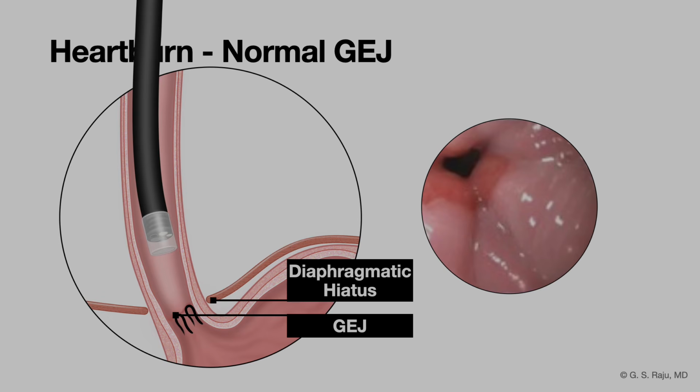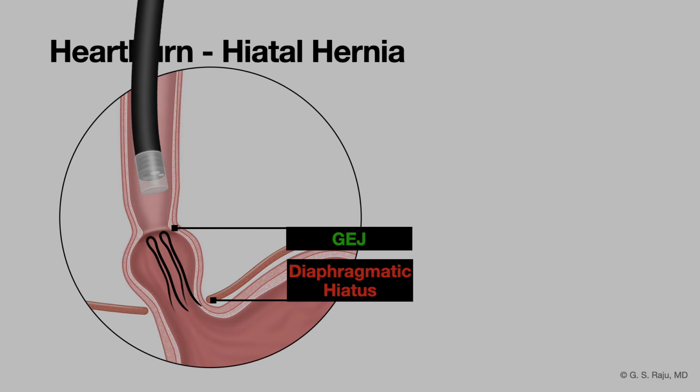So the esophagus has gone through the diaphragm into the abdomen and entered the stomach. Normal gastroesophageal junction. So one of the common things that predisposes to acid reflux is hiatal hernia.